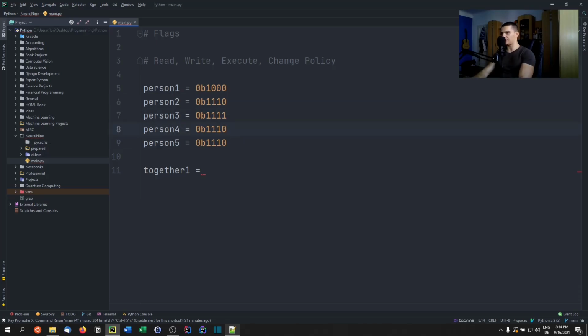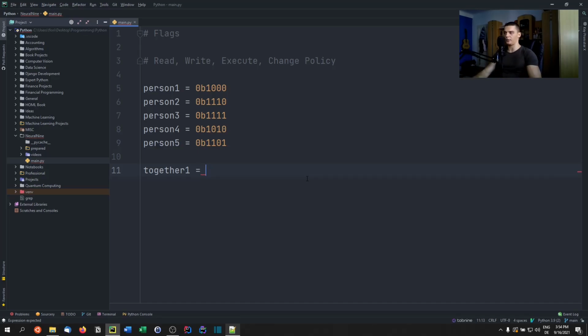This person is not allowed to write, but it can execute and read. And this person is allowed to read, write, execute, or read, write, and change the policy only, whatever. Those are the permissions here. And now I want to know, okay, what is the thing that every one of those can do? So what is the least permission that they all have in common?